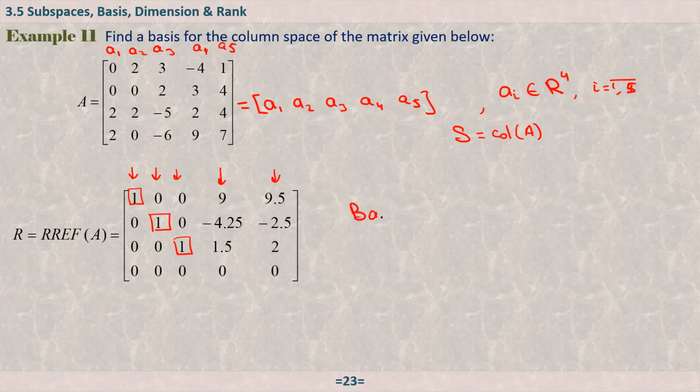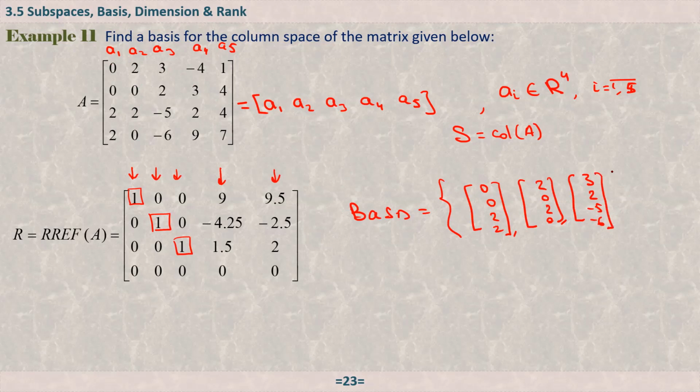So the basis for the column space of A will be these vectors: the first column, 0, 0, 2, 2; the second one, 2, 0, 2, 0, 2, 0; and the third one, 3, 2, 3, 2, minus 5, minus 6. These 3 vectors, the first 3 columns of matrix A, form a basis for the column space of A.